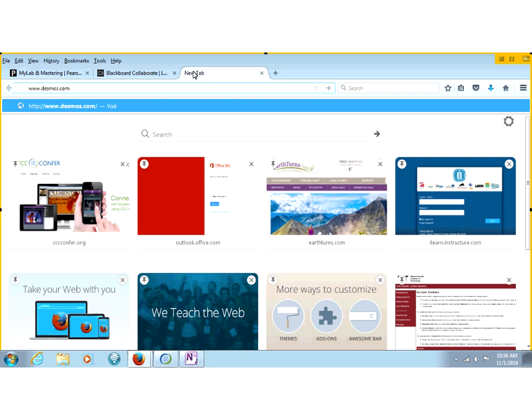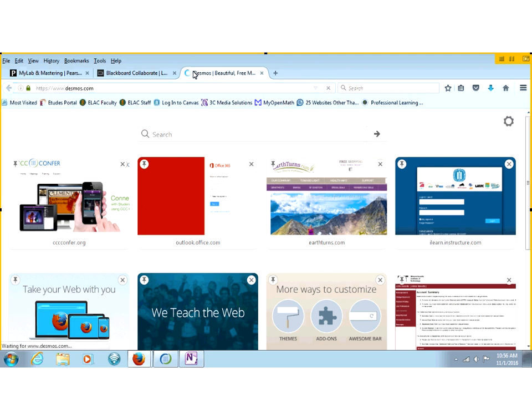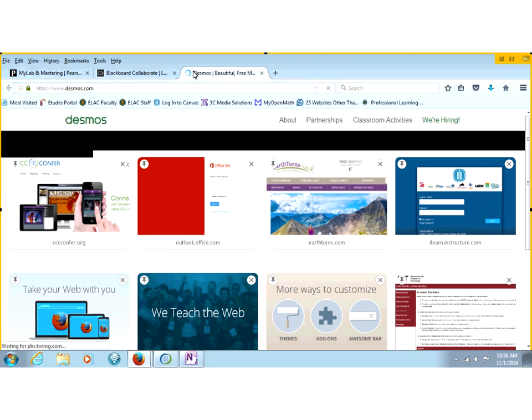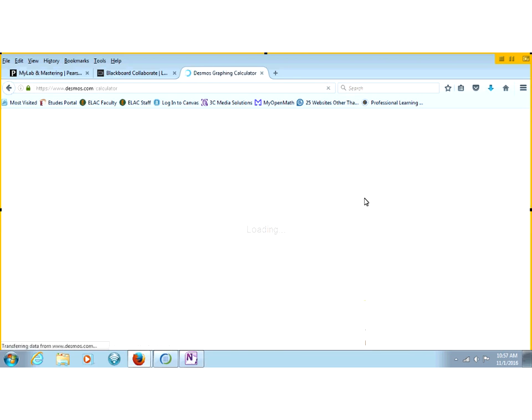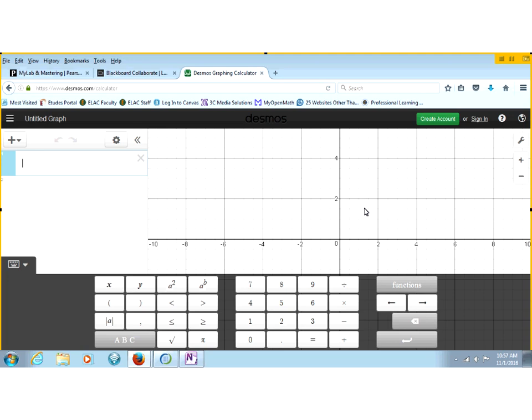Maybe I will write it on the board, just in case you need it. This is a graphing calculator online that I use for my other classes, because I don't require students to buy a graphing calculator. So whenever I ask them to graph using a graphing utility, this is it.